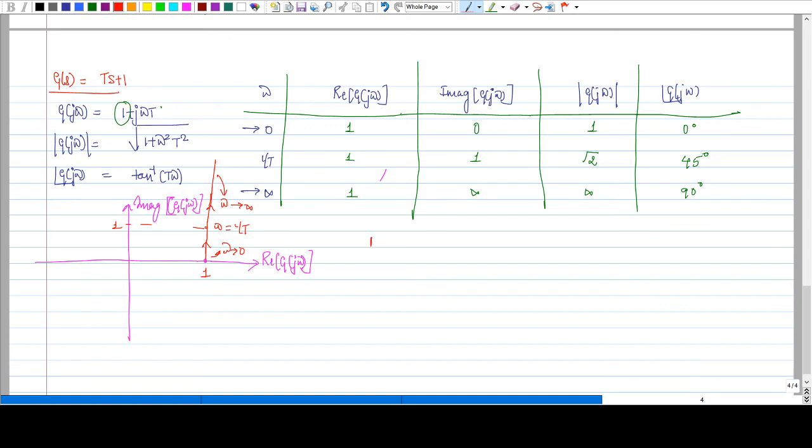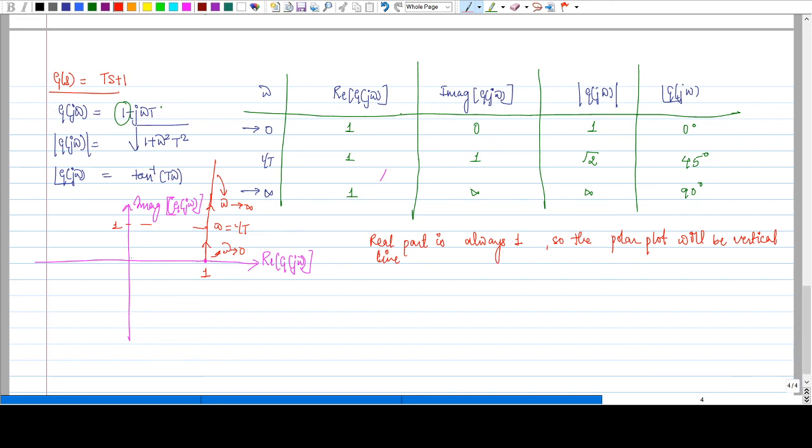So the real part is always 1, so the polar plot will be a vertical line. Coming to the angle also, you can see at this point, with respect to the real axis, it is 0 degrees.